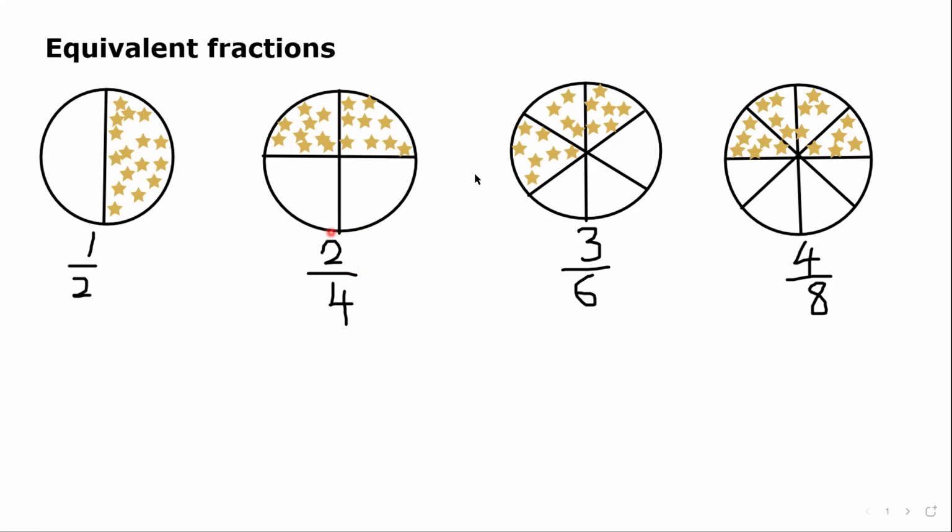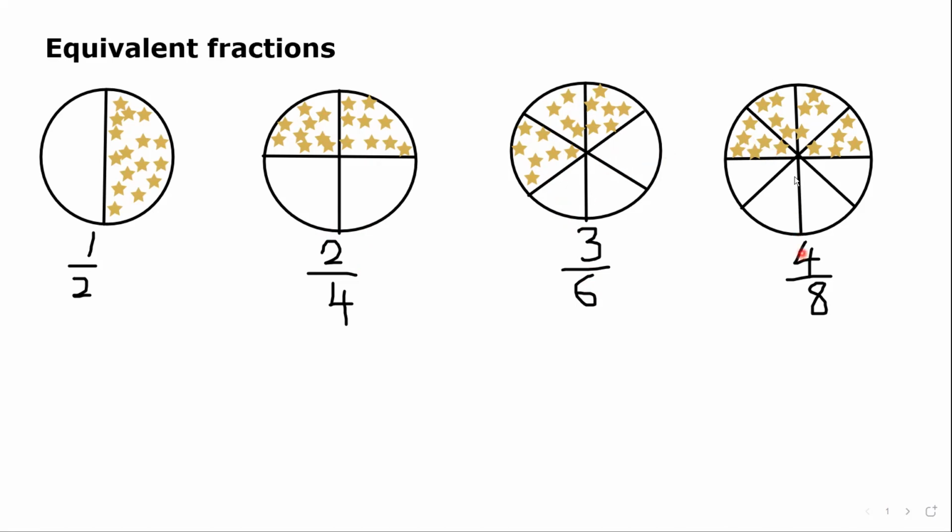Okay, good. Now looking at the third orange here, it was divided into 6 equal parts, and 3 has been taken out of the 6. When you have 6 and you take 3, that also represents the half of the orange.